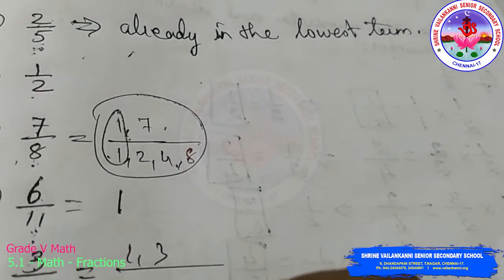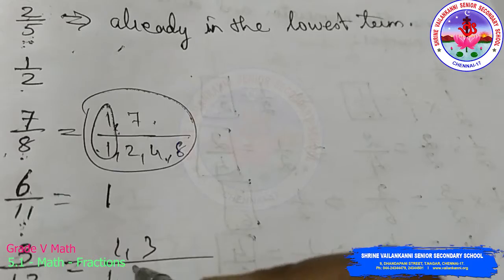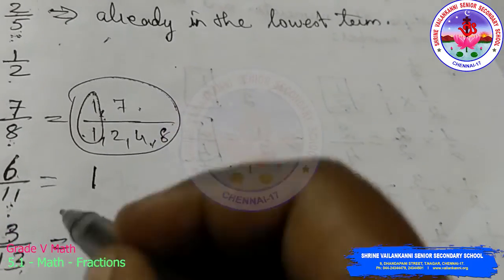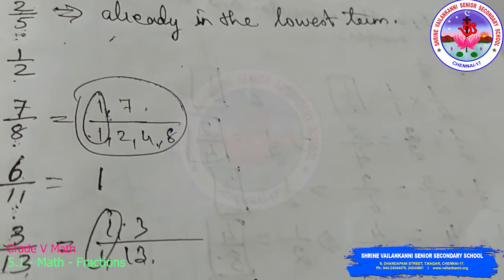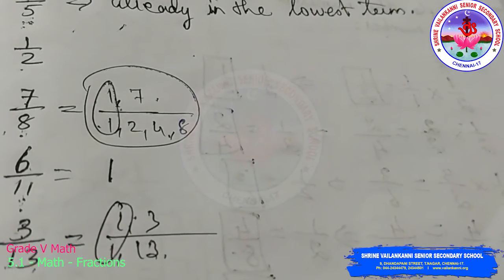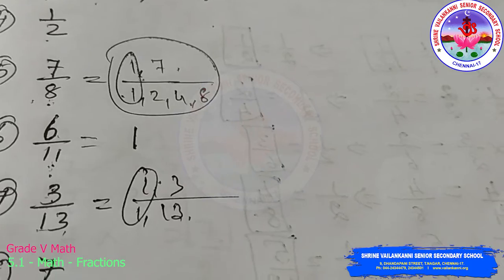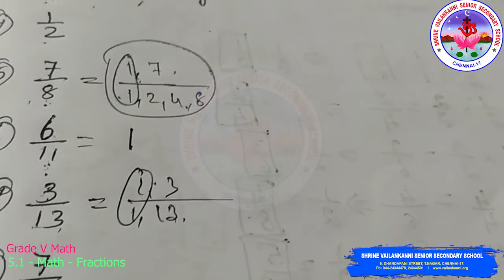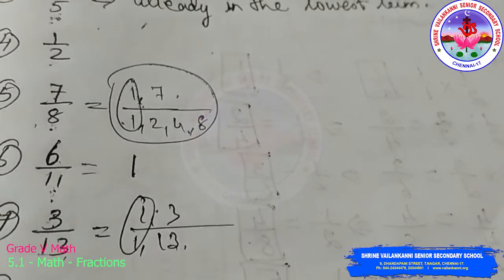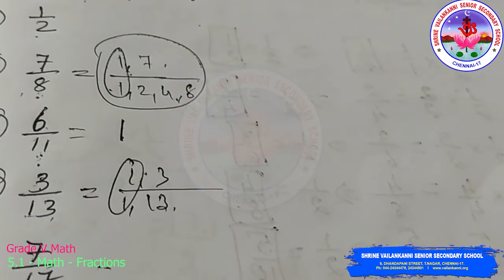For 13, 1 table, and in 13 table, 1 only is a common factor. So already it is a lowest term. So 7 by 17. If you take this 7 by 17 also, 1 is only a common factor. So this is also already in the lowest term.